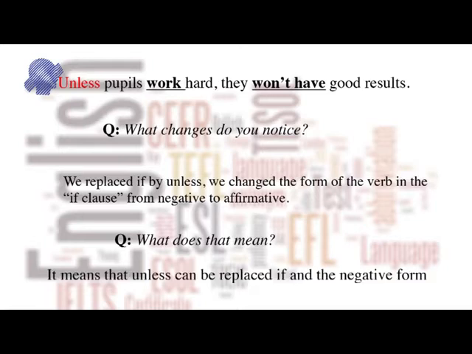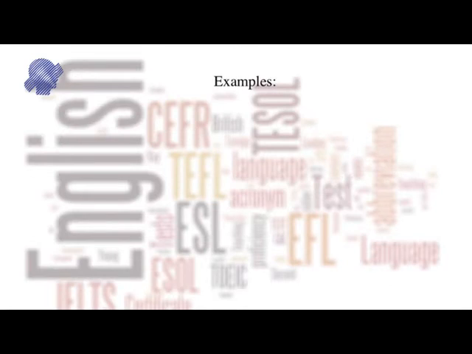It means that unless is or can be replaced by if and the negative form. So we can say that unless equals if and not, right? For better understanding, here are a few other examples. Let's read them together. If the pupils don't understand the lesson, they will not answer correctly.